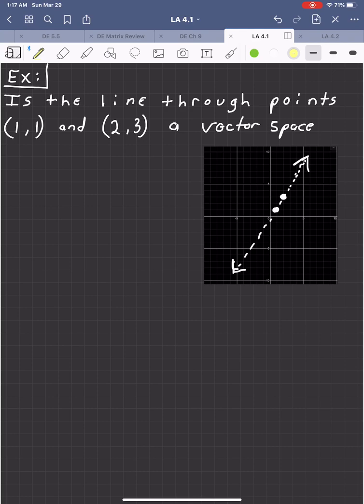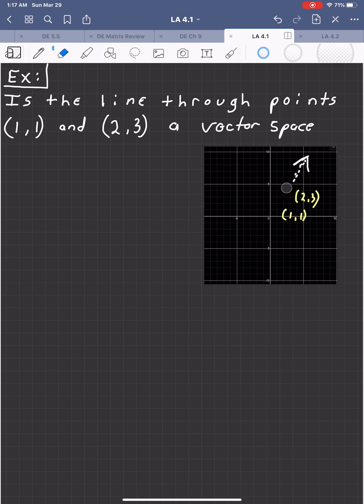The question now reads, is the line that is through the points 1, 1 and 2, 3 a vector space? Now, I've already cheated here a little bit. I've already plotted 1, 1, and plotted 2, 3, and I've drawn my line. But I'm not going to cheat right now.